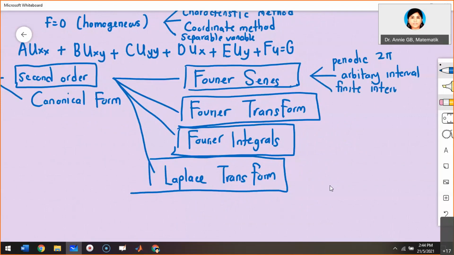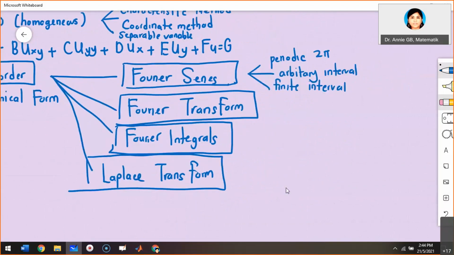Maksudnya dia adalah if you're given x or t, dia adalah let's say from minus L to L ataupun minus P to P. Okay, Fourier transform ni bila dia infinite interval, x saya from minus infinity to infinity. Okay, that's why we need to know, that's why we need to learn.